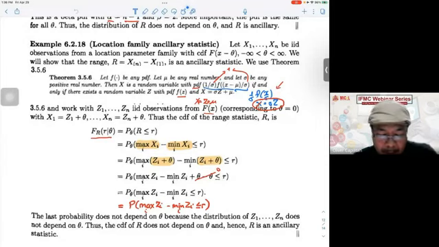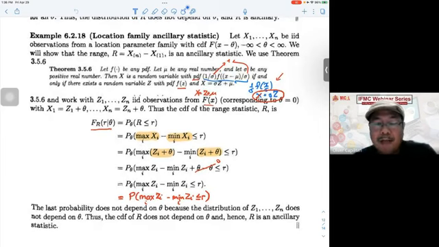And in this example, we have shown that the range is still an ancillary statistic. And we have used this theorem 3.5.6, which is a theorem for the location-scale parameter family. In other words, the transformation from Z to X. Okay, using this theorem 3.5.6.